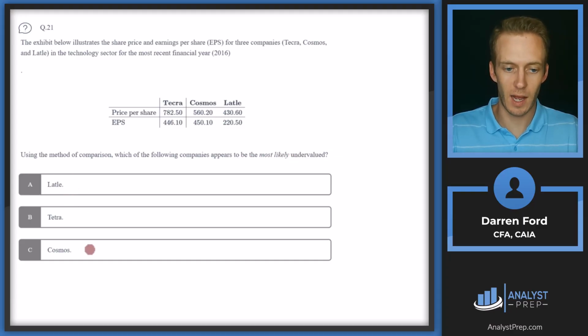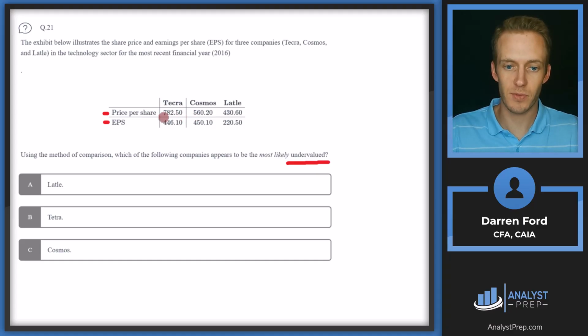Lotley, Tecra, or Cosmos? So to figure out undervalued, we're going to be using a multiple ratio. In this instance, we're given the price and the earnings per share. So we'll be using the PE ratio, which is price per share over earnings per share. Basically all we need to do is divide these two numbers.